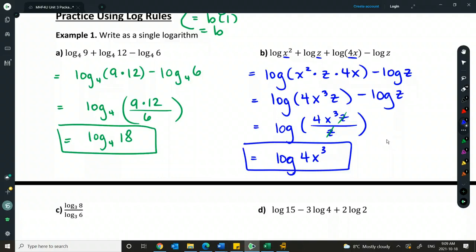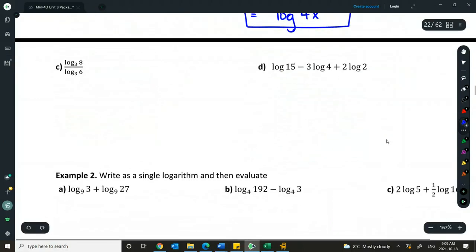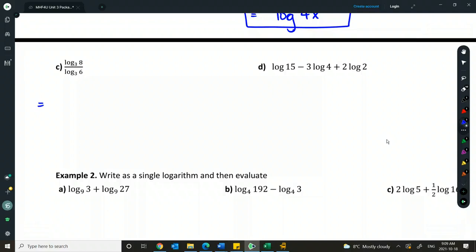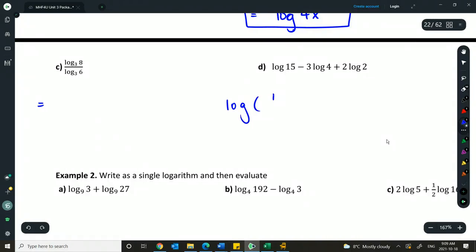All right, so continuing, our instructions are still write as a single logarithm. So one thing that's important to differentiate between is if I have the log of, let's say, 10 divided by 7, that is different than the log of 10 over the log of 7.